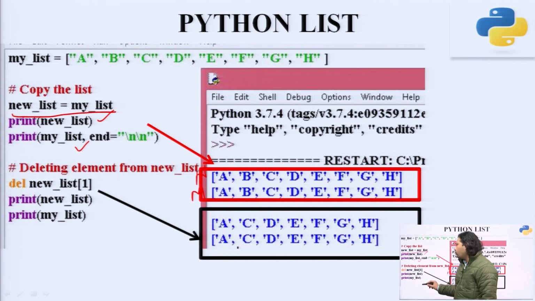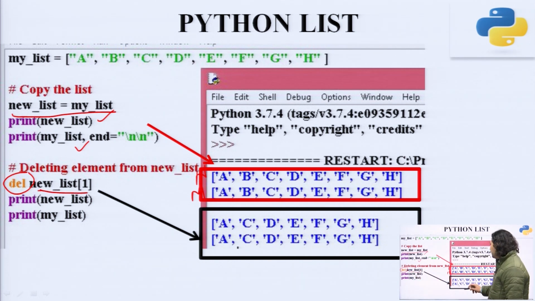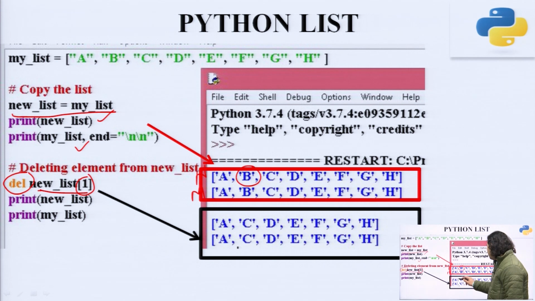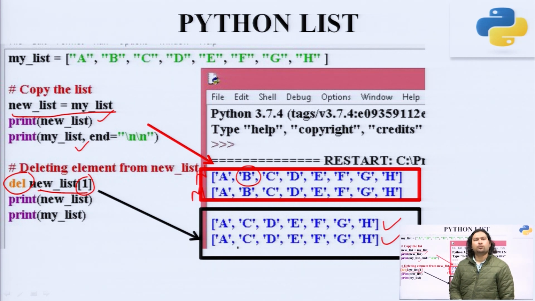But when you perform a deleting operation in the new list, you have deleted one element, the ball, but it is reflecting in both. That means you have made the changes in the original too.